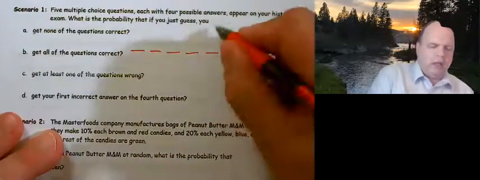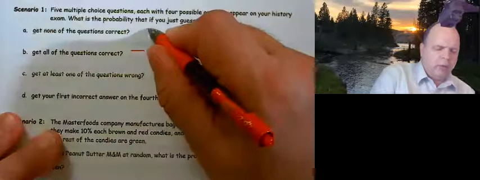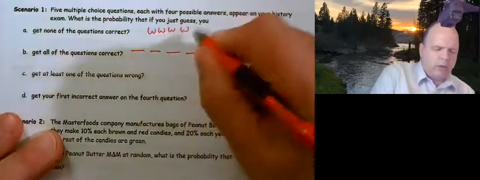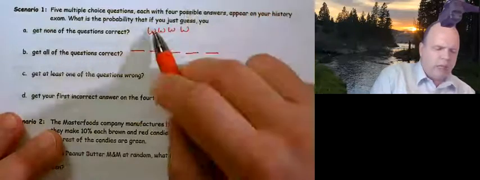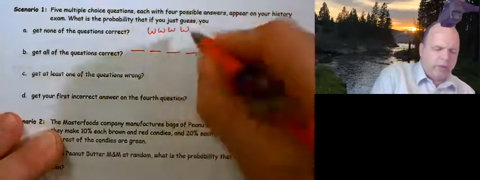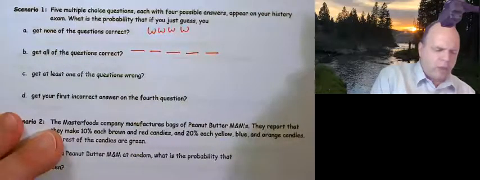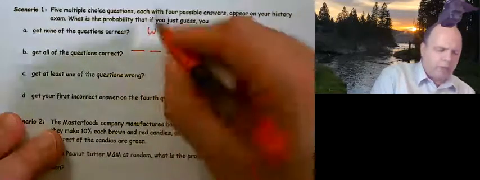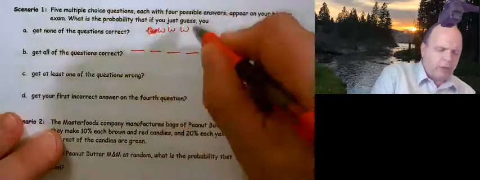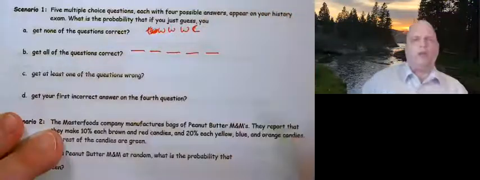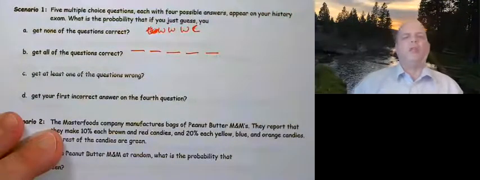And I can get 1 wrong, 2 wrong, 3 wrong, 4 wrong. Each question has 4 possible answers, I'm sorry. So there's 3 wrong answers and 1 correct answer.